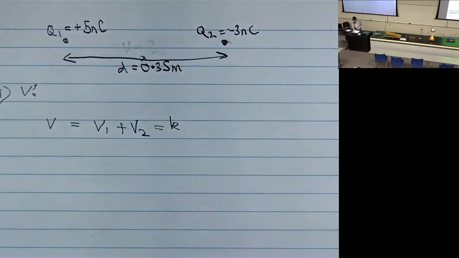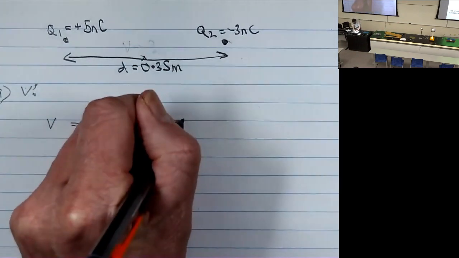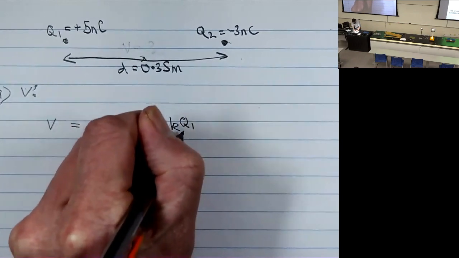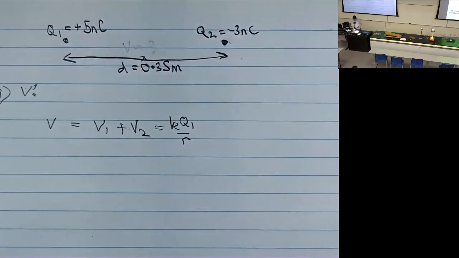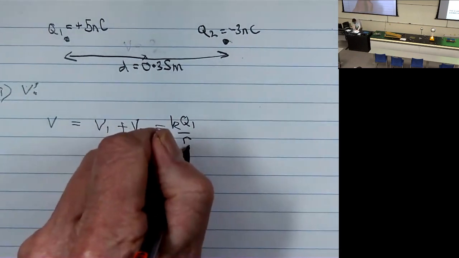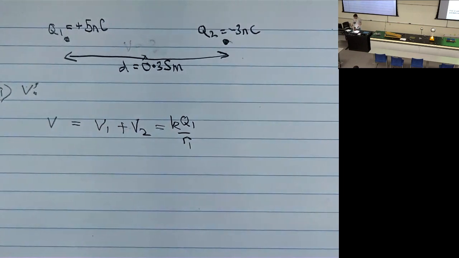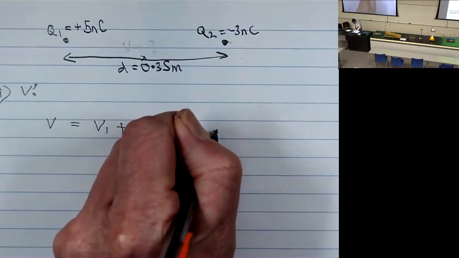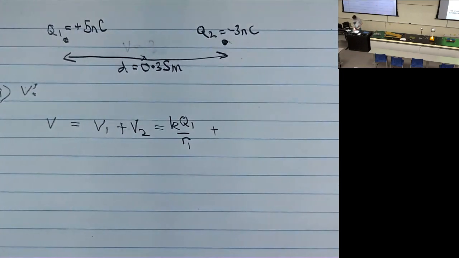Okay, potential of charge number 1. Well, we had an equation for it, didn't we? We had an equation that it was kQ over r. So I'm going to call that k Q1 over r1 because I'm talking about the first charge. And I'm going to then add the electrical potential of the second charge.